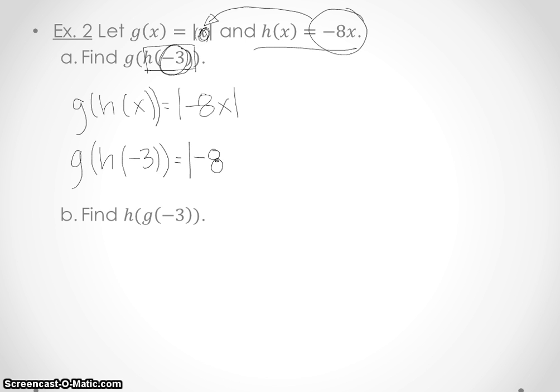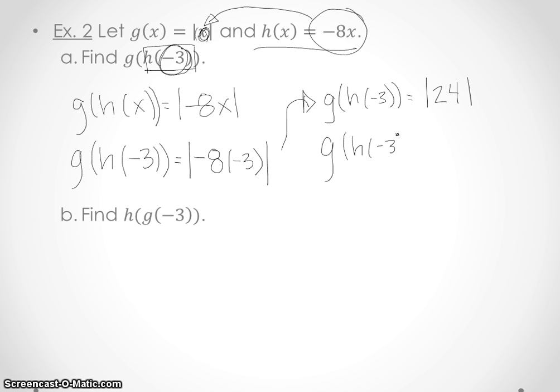So we have -8 times -3, and then remember, we still have the absolute value bars on the outside to deal with. So we have g of h of -3 equals, okay, -8 times -3 is 24. So we have the absolute value of 24, which is just 24. So g of h of -3 is 24.